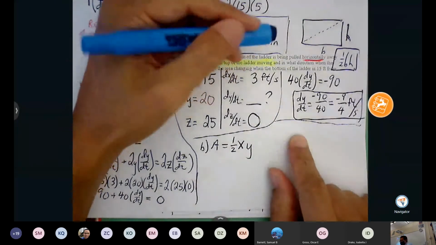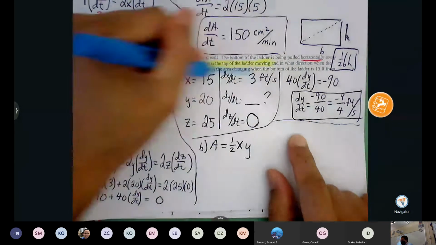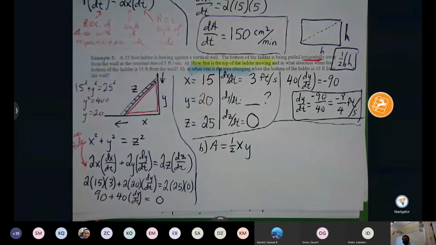Okay. It says, at what rate is the area changing? So what variable do you think we're looking for? Ultimately, we're looking for what variable? It may not be showing up right now, but that's what we're looking for. It's definitely area related. Is it dA over dt? Okay, why do you say dA dt?